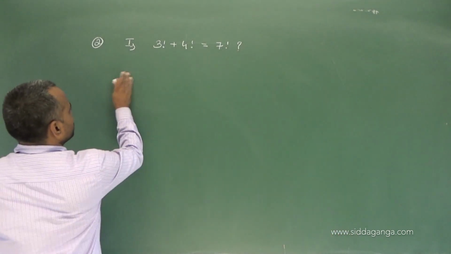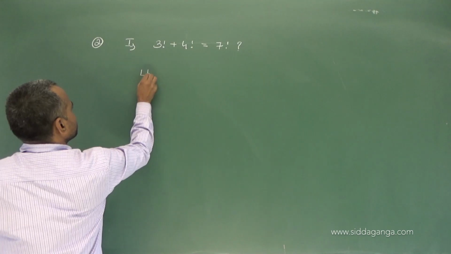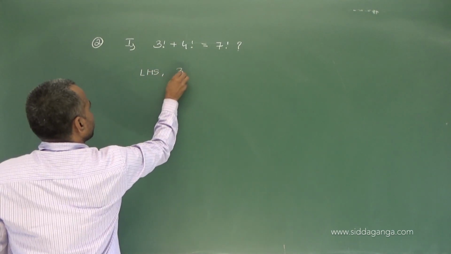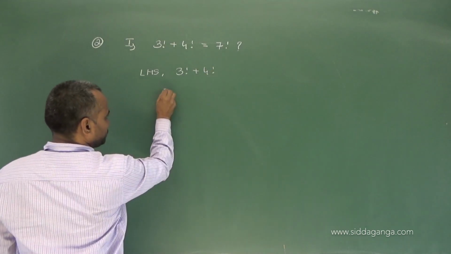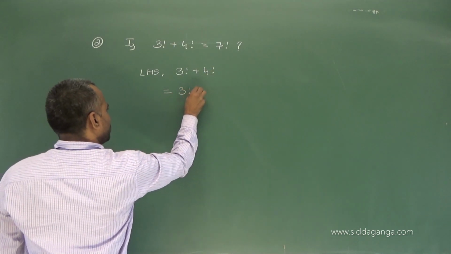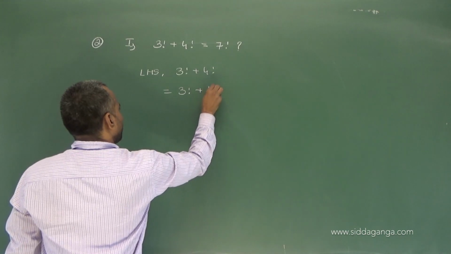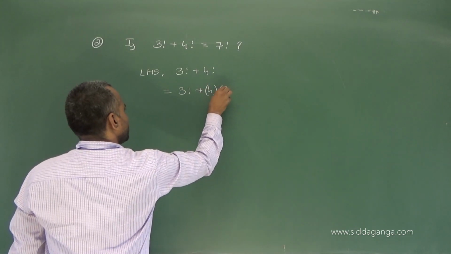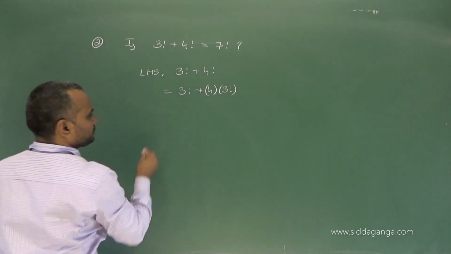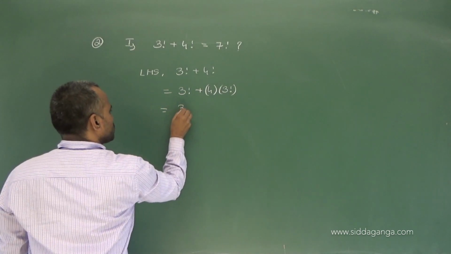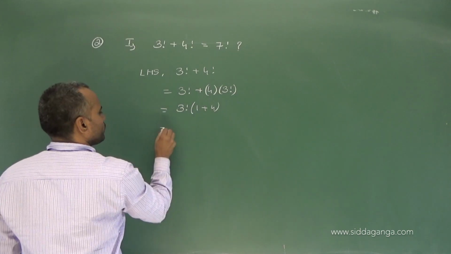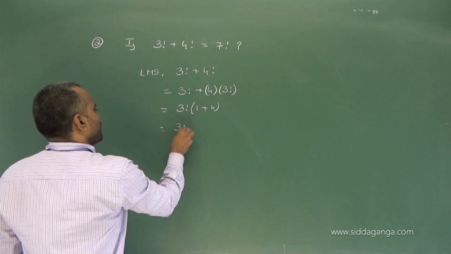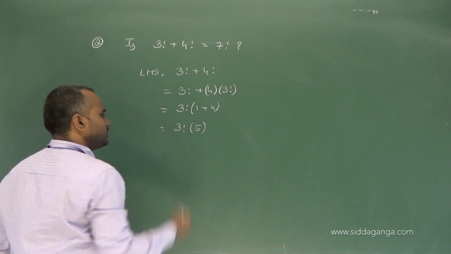Okay, so first LHS: 3 factorial plus 4 factorial. 3 factorial plus 4 into 3 factorial. 3 factorial I take common, 1 plus 4. 3 factorial into 5.